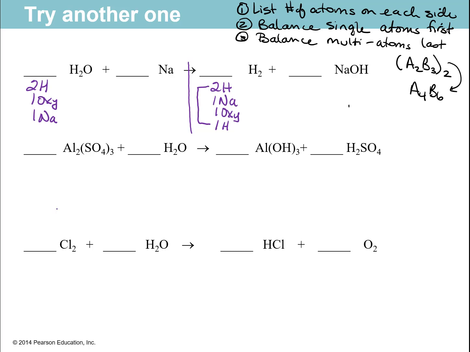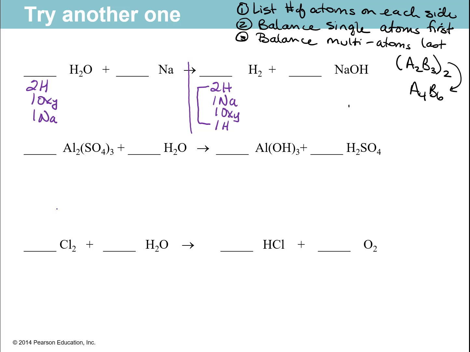So that means I've got to balance the hydrogens. No matter what I do, on the reactant side I'm always going to have 2 hydrogens. So I need to make my hydrogens on the product side an even number. Which of those would I want to change to make it an even number?